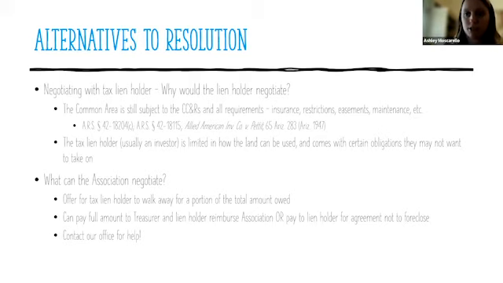The other way I've done this in the past is if the taxes outstanding are not $15,000, let's say it's maybe $1,000 or $2,000 owed with interest, and the association offers to pay the lien holder $500 to go away. One thing we've agreed to do in that context, where the numbers are a little bit smaller, is that the association still pays off the full amount of the taxes to the treasurer, so that the treasurer will mark it as paid and good to go.